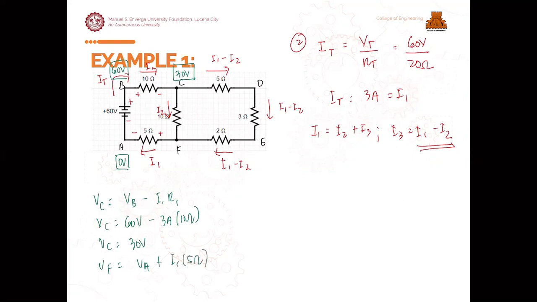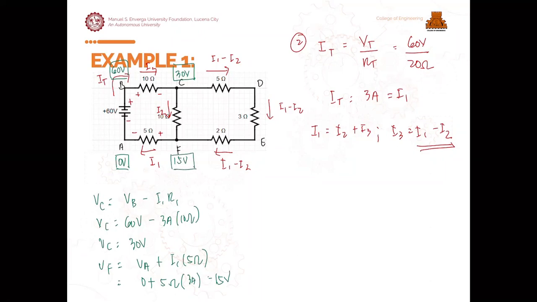So VF will be 0 plus 5 ohms times our I1, which is 3 amperes. That will be 15 volts. So we are at 15 volts at point F.